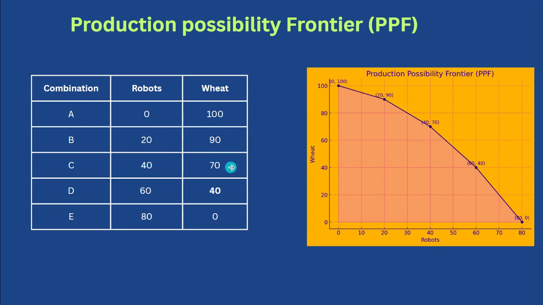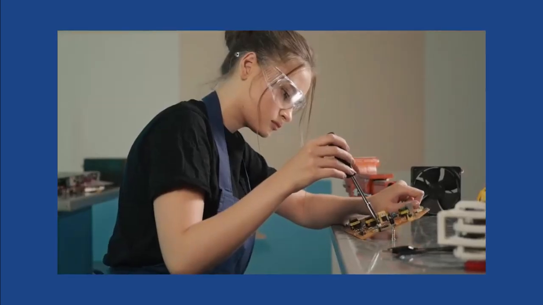Here 20 tons is giving up, so 40 units of robot. So you are giving up 10 tons to go for the next best alternative. If you reduce 10 tons, you can get an output of 20 robots. So going for the next best alternative, you are giving up one product. This is called opportunity cost.